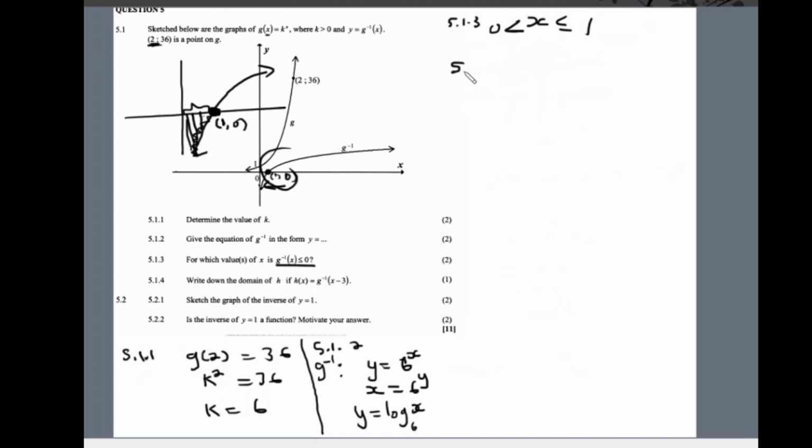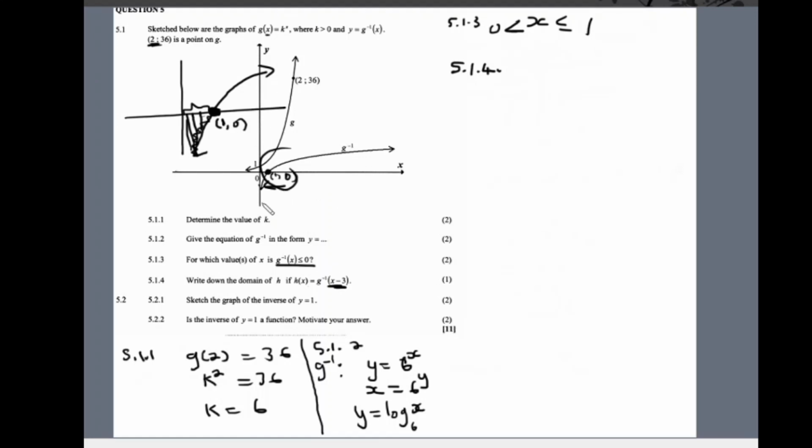Okay, 5.1.4, sorry. Write down the equation of h if h is g inverse of x minus 3. To get the equation of h, notice they shifted the inverse function 3 units to the right, right?